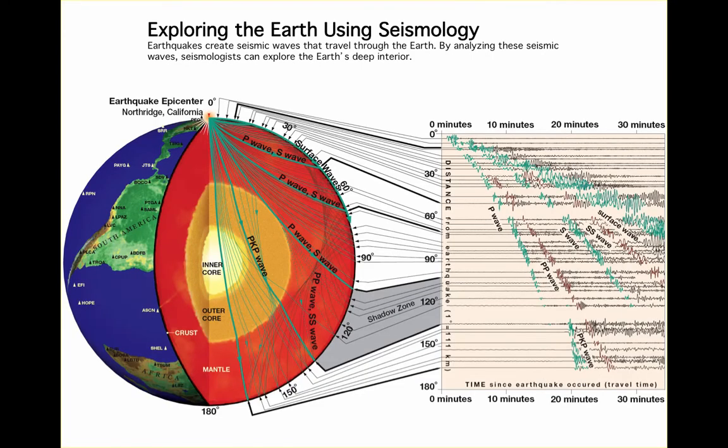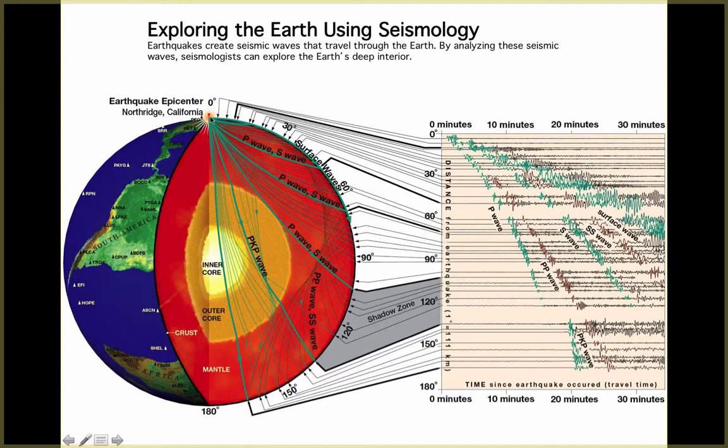We've already talked about the way seismic waves propagate through the earth from an earthquake. And in this graphic, we see schematically the ray paths that are taken from an earthquake in Southern California to close by stations, to more distant stations, to yet more distant stations.